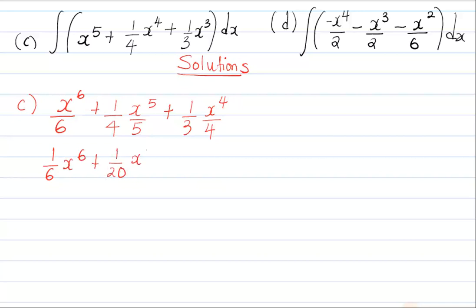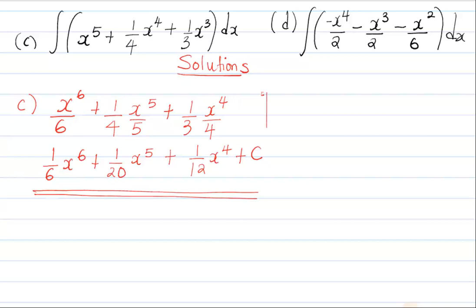And you say x to the power 5 plus, 3 and 4 multiply, we get 12. x to the power 4 plus C. It's also done. In case you have a doubt, don't doubt yourself too much.